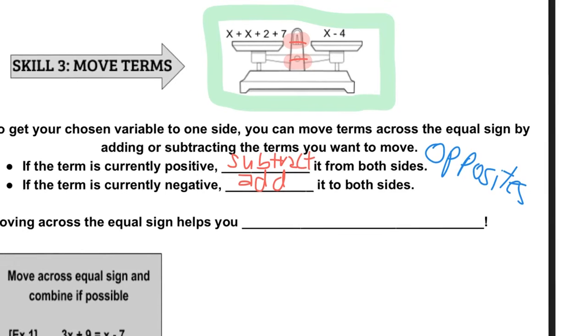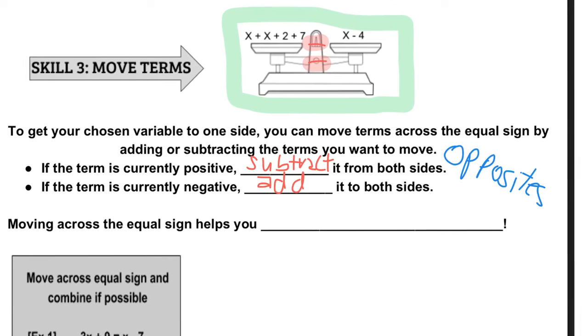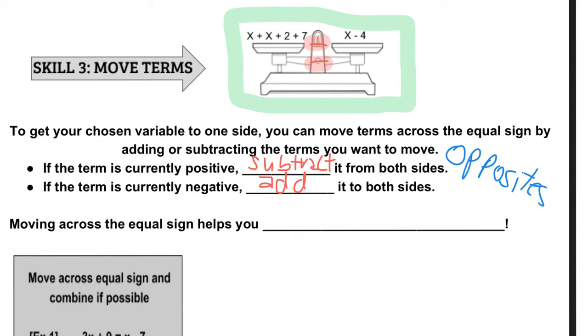And if we're thinking about opposites, then our final goal is moving variables across the equal sign helps us to get those variables to one side.